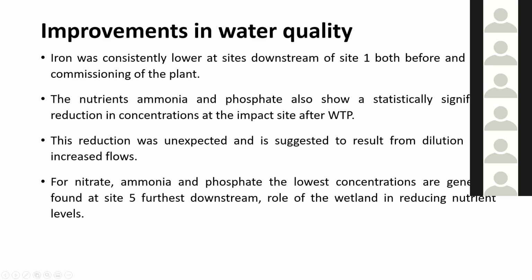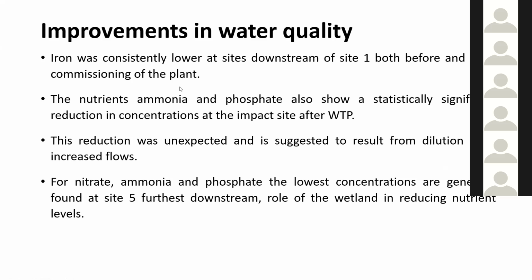But what we suggest from this reduction is that because there's a lot more water that's been inputted into the system through the HCS treatment, that water is coming from underground. So we're not expecting it to have high nitrate, ammonium, phosphate values, because we would expect that from, for example, sewage works, but that water is coming from underground.